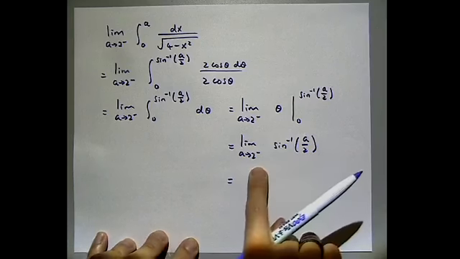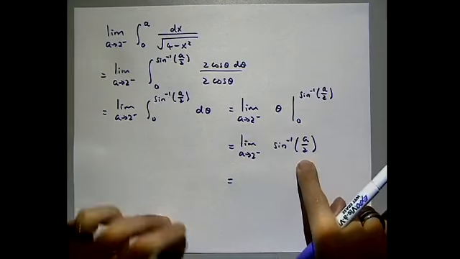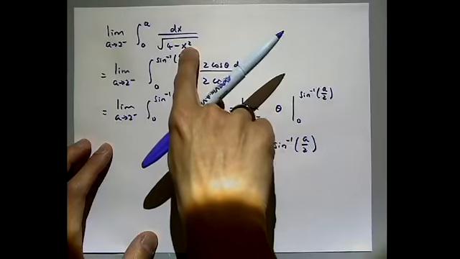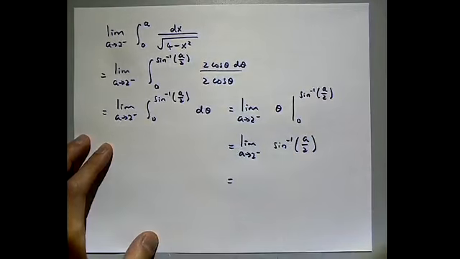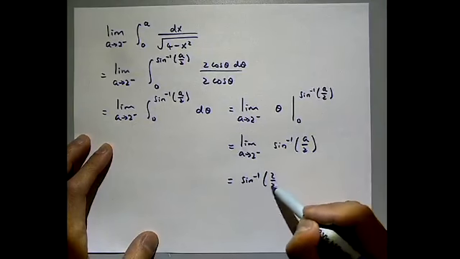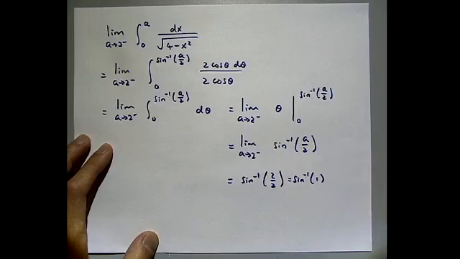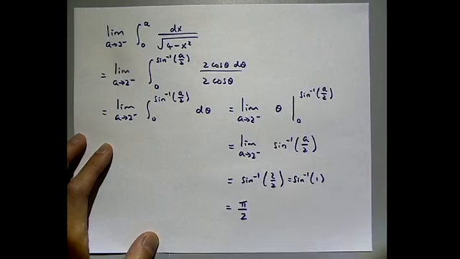And now we let a go to 2. In fact, we can let a be exactly equal to 2. Sine doesn't care when a is 2, right? This thing had a problem with x being 2, but here we can let a be 2. No problem. 2 over 2. And inverse sine of 1, we all know that, is pi over 2, right?